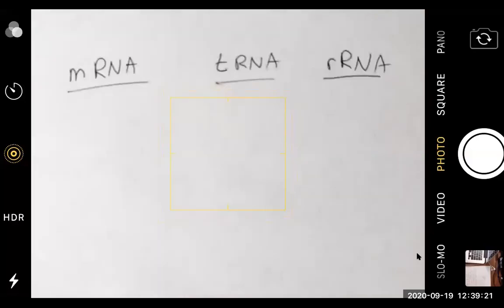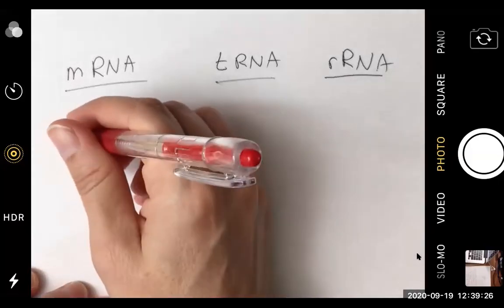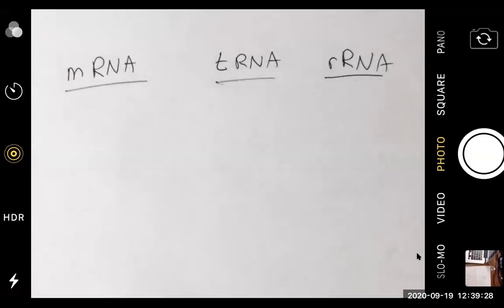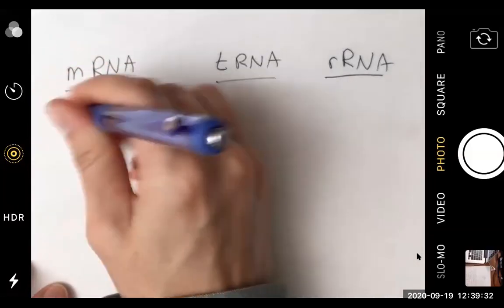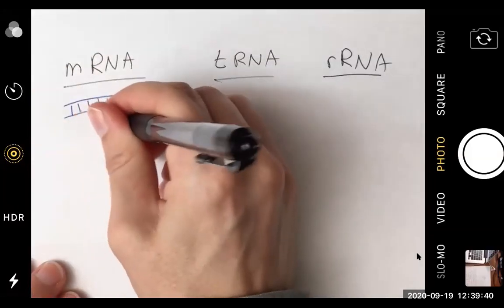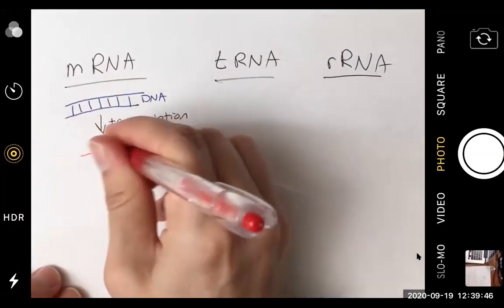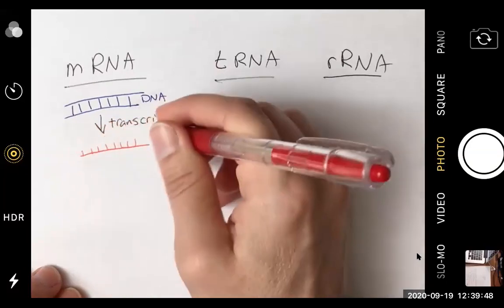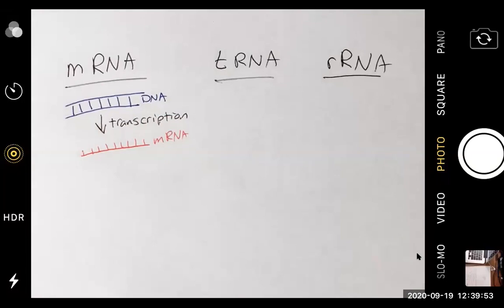It's made from DNA during transcription, right? So here's your DNA, and in transcription, this gets copied into RNA, and this RNA is messenger RNA that will be read by ribosomes and used to make proteins.